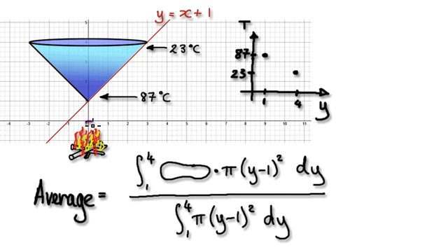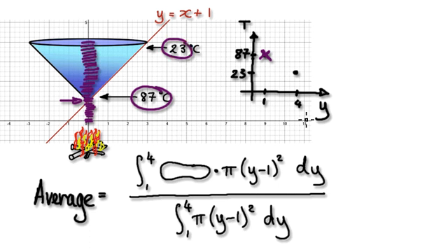So the weird thing is that y starts from 0, so it's moving along. By the time it gets to 1, we want to set up in such a way that the temperature will be 87. So that's this point here. And then y is moving along here. So by the time y reaches 4, we want the temperature to be 23.